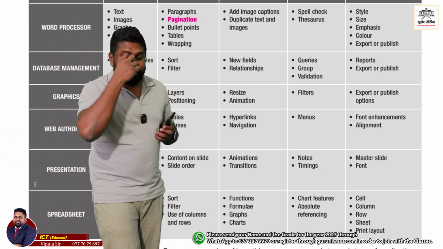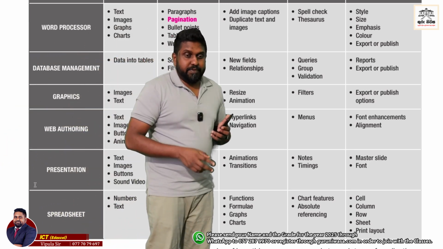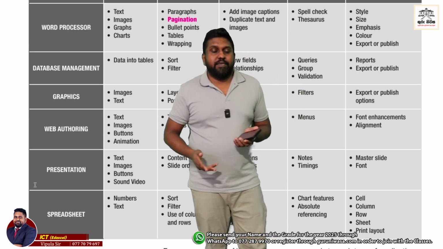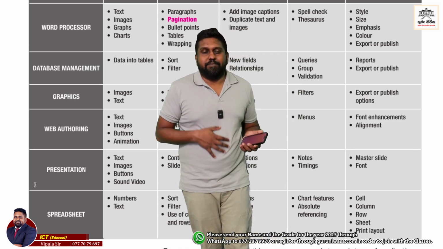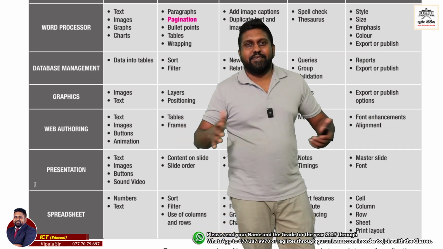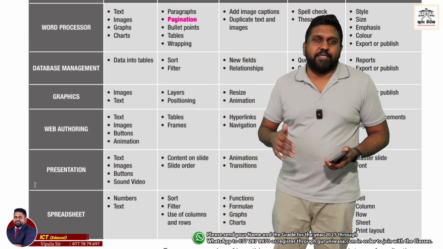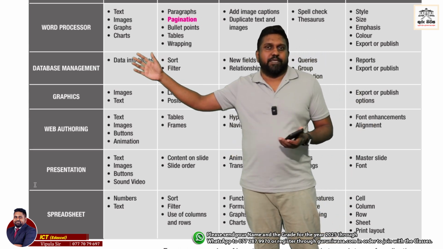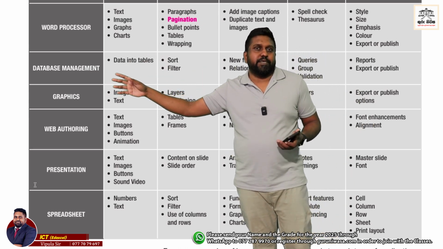Okay, so that's okay. But now, actually in spreadsheets, especially in Excel, we have this thing called a print layout. So what happens is, Excel has a whole grid of columns and rows, no? So you can add data as much as you want, to any extent you want, right?